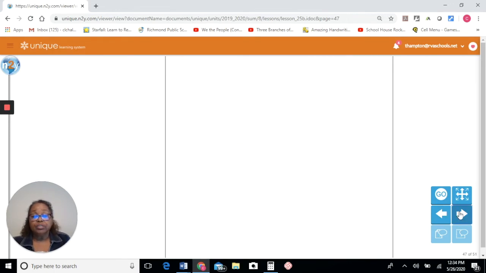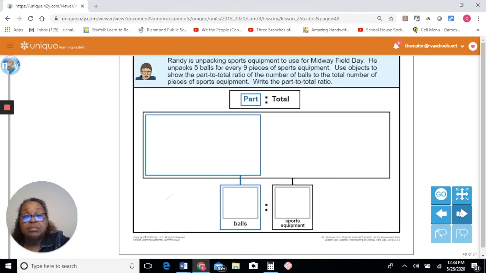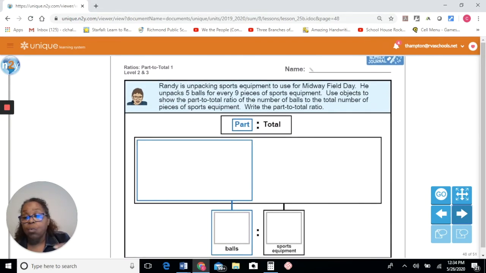Let's see if we can do a quick demonstration of that. We'll read our word problem first, and then we'll fill it in. Then we'll check to see if we've done it correctly. Randy is unpacking sports equipment to use for Midway Field Day. He unpacks 5 balls for every 9 pieces of sports equipment.